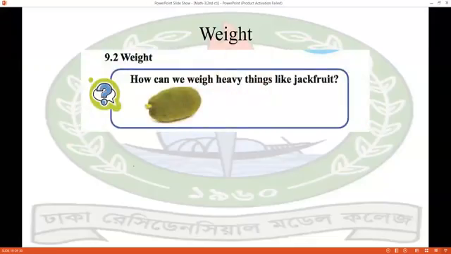How can you weigh heavy things like jackfruit? We know when we buy something from the market or shops, we have to take its weight. How can we weigh heavy things like rice, oil, or other things?